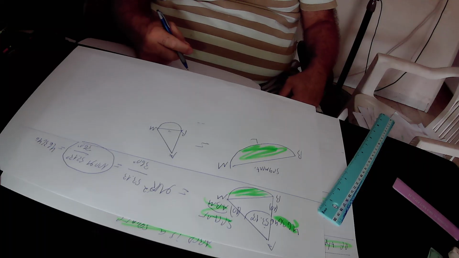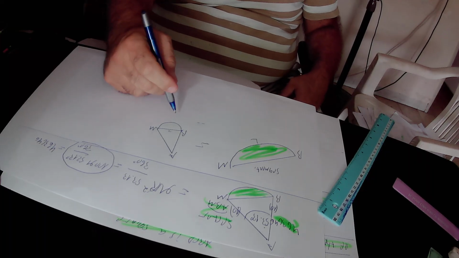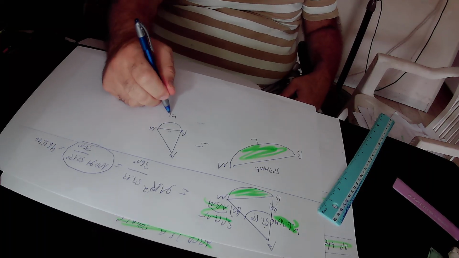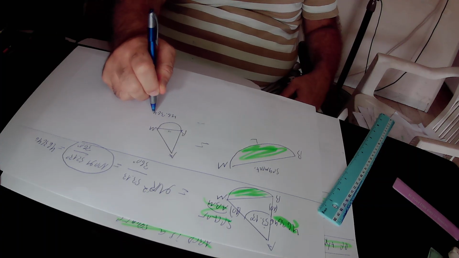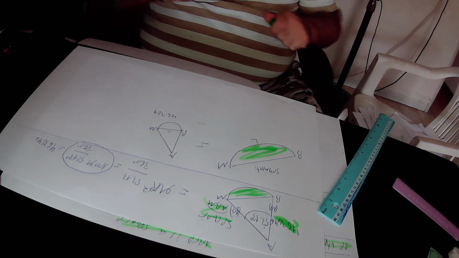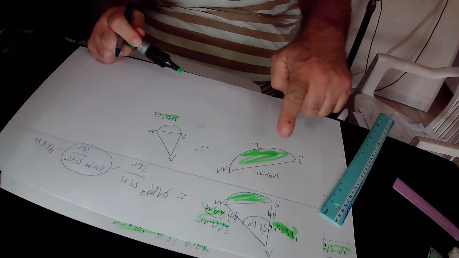We already found out that the area of sector ABM equals 46.3646 square units in size, minus the area of triangle ABM.